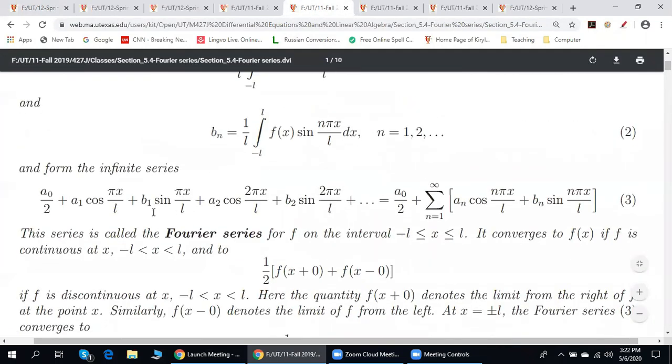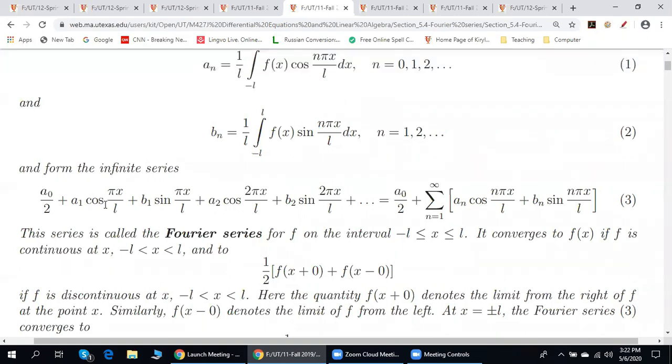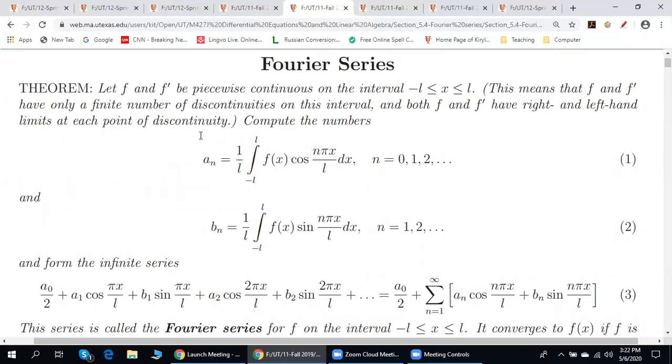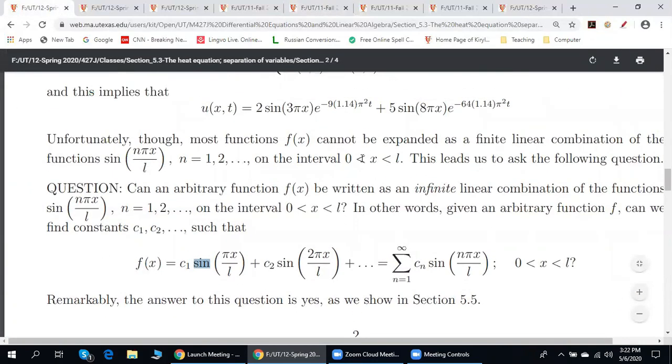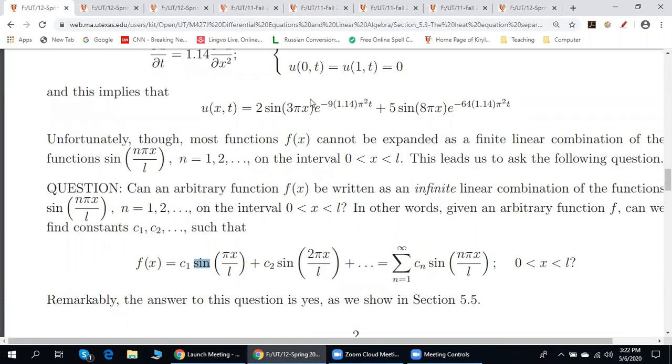Over here, we have both sines and cosines. But as I said, we will fix this problem in section 5.5. Here is another difference. In this section, the function is defined on the interval from negative L to L. Over here, from 0 to L. But once again, this will be fixed later.